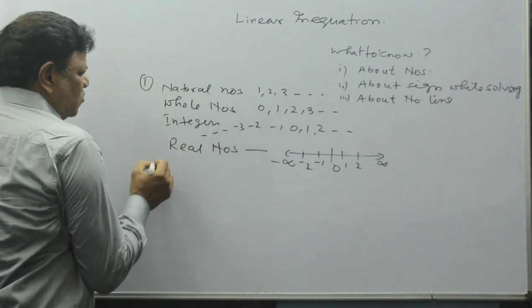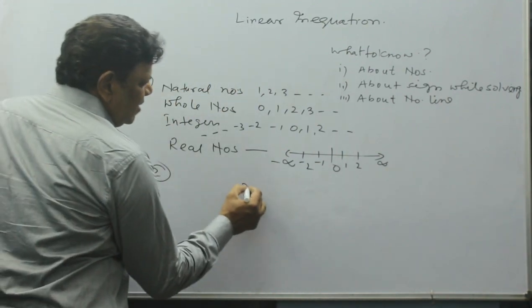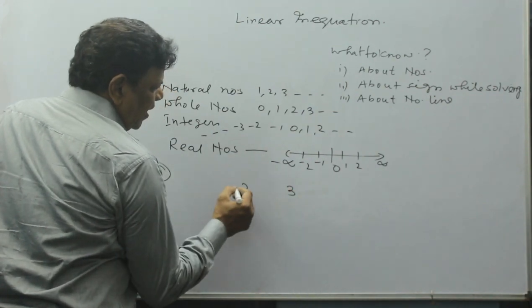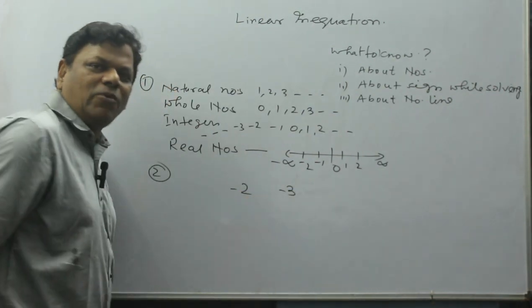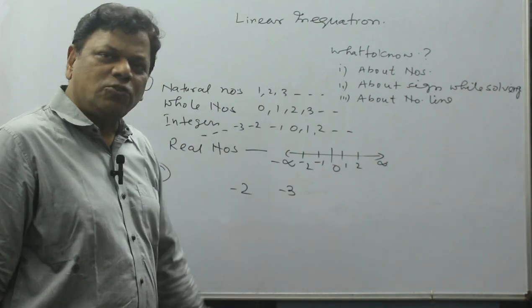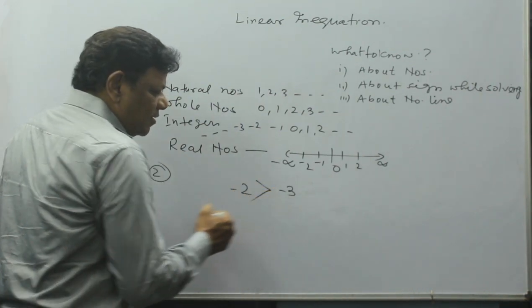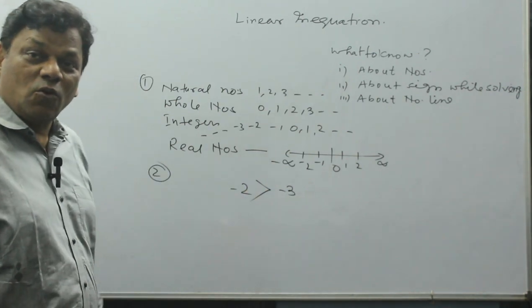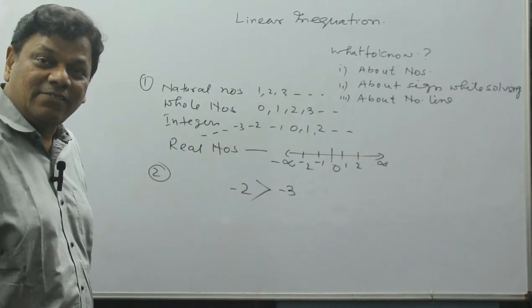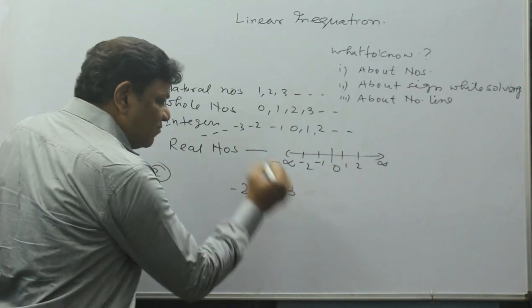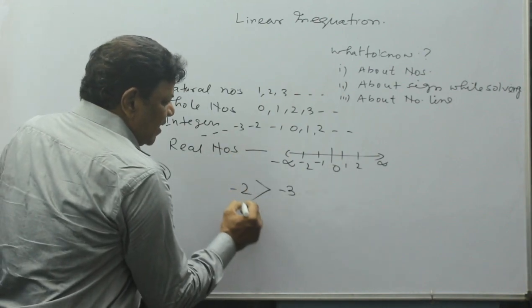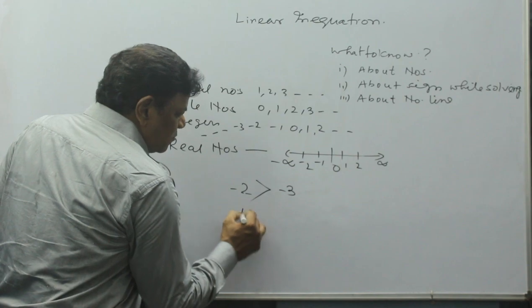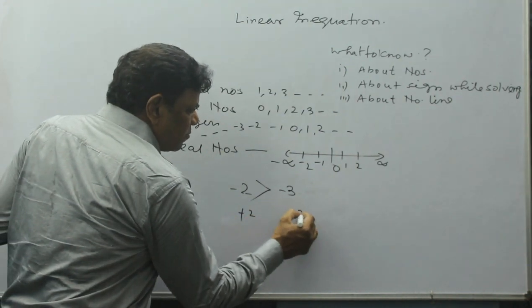First part I explained to you. Now second part, very easy. Let it be -2 and -3. Now which is the bigger one? Out of these two, naturally this is bigger. Yes, -2 is greater than -3. Now when the sign changes on both sides, -2 becomes plus 2 and -3 becomes plus 3.